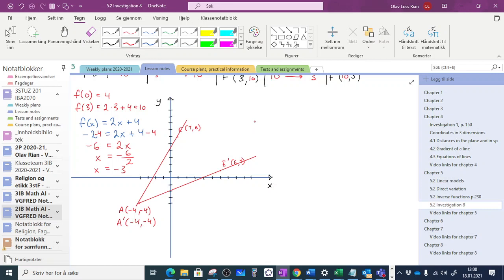Yeah, you can see from the graph. If you have a square grid, then you can use the graph to find more points.